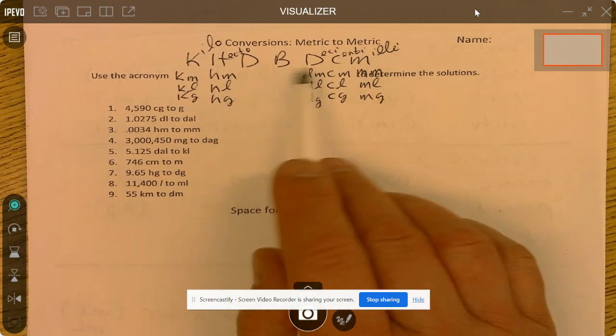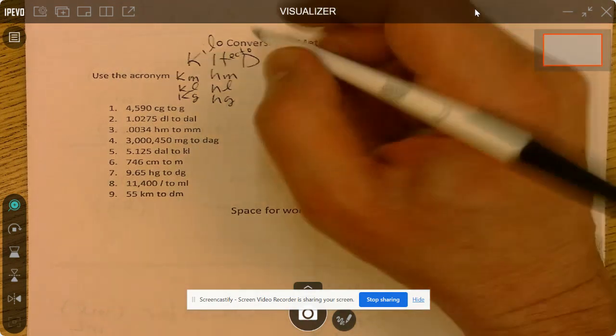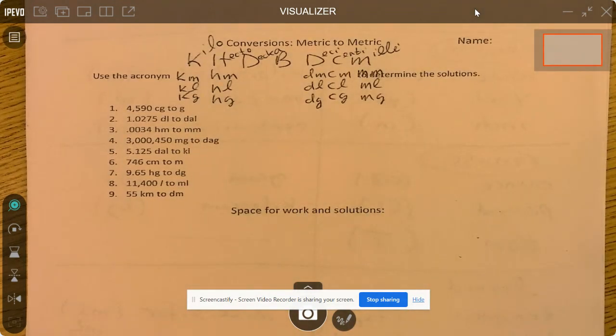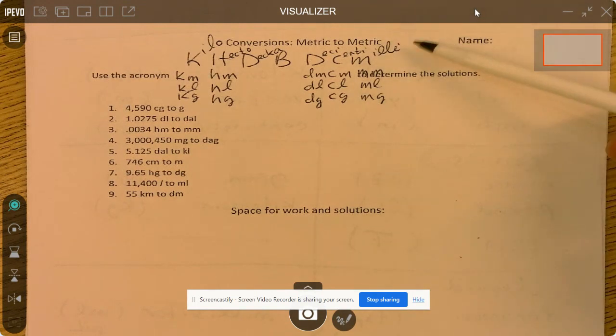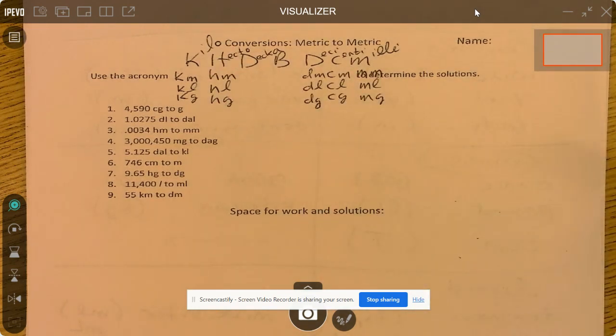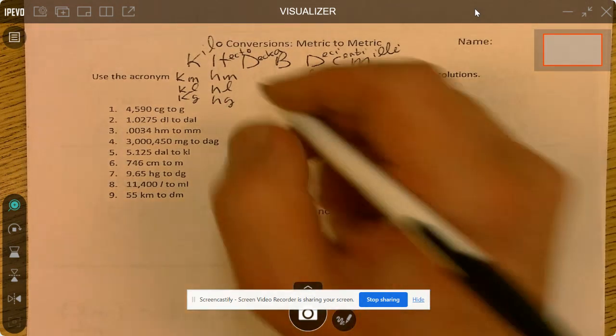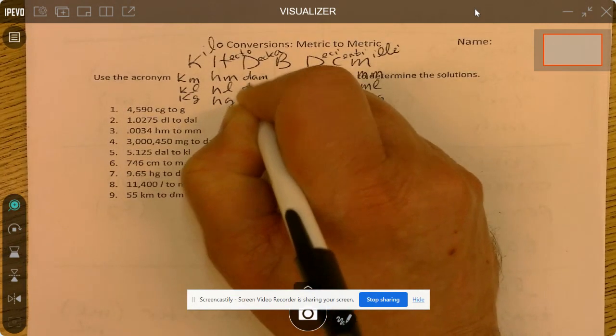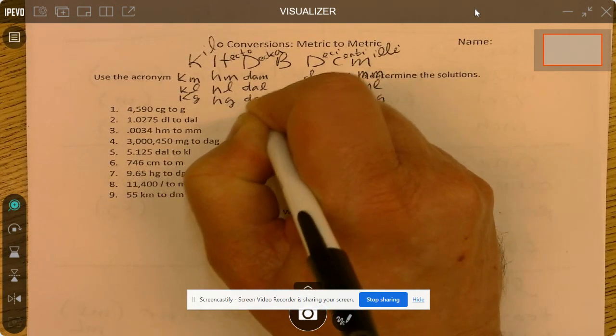I've already used D for deci. I have another D, so I have to denote that differently, and that's called deca. And if you're following along, deci, centi, milli, all end in I, kilo, hecto, all end in O, and deca ends in A. So that would be the only one where there's an A. Decameter, decaliter, decagram.